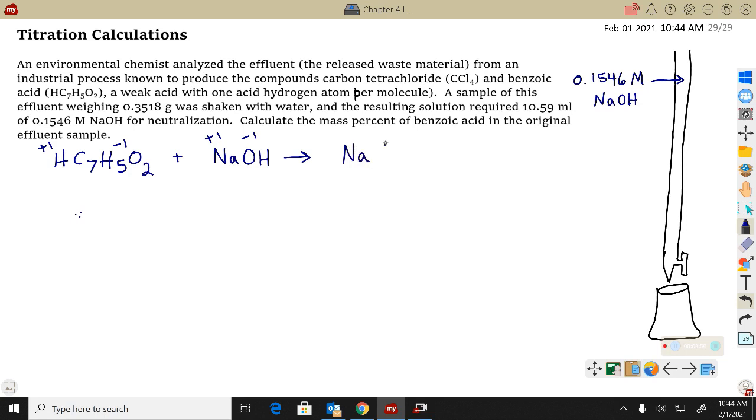So I'd have sodium with the benzoate ion and hydrogen with hydroxide. Everything was +1, -1, +1, -1. So I know the products are written correctly, they're neutral, the whole thing is balanced. HOH would also be known as water if that concerns you.